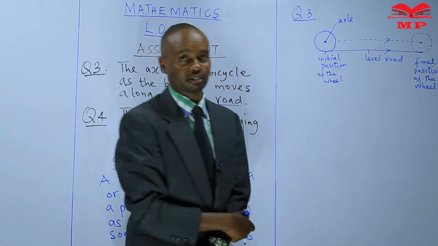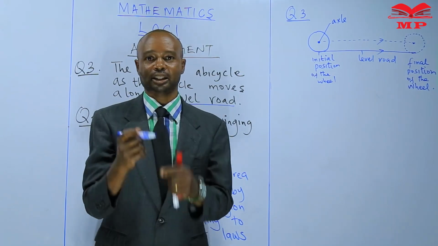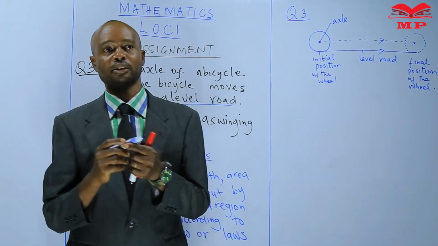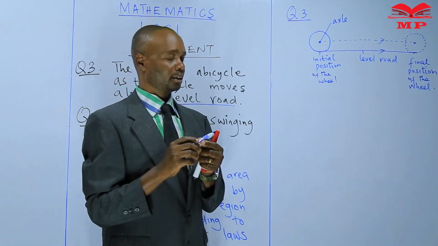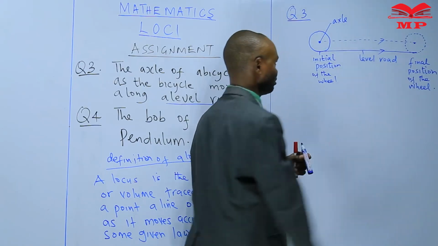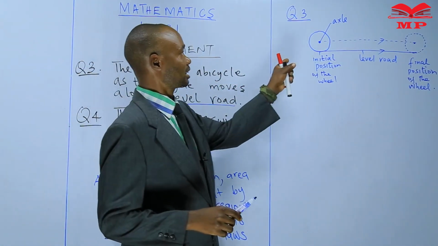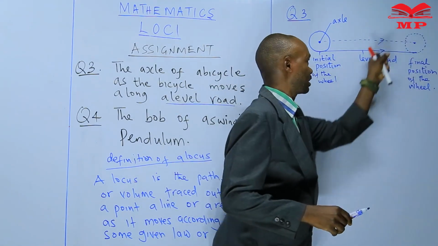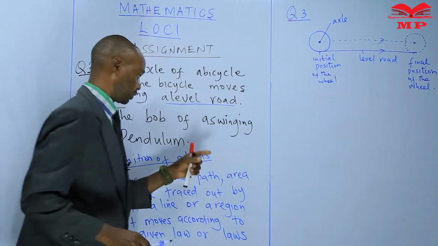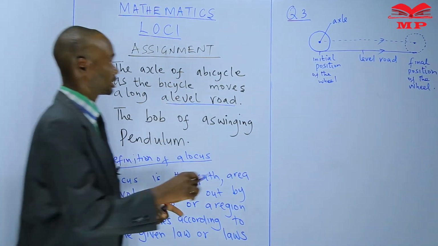Given that the road is level and that the axle is fixed, as the bicycle moves, the axle will maintain the same height above the level road. Its trajectory will be just a straight line parallel to the level road. That's why one of the laws or conditions was a level road.